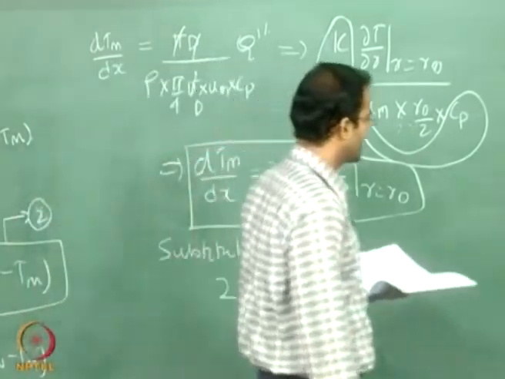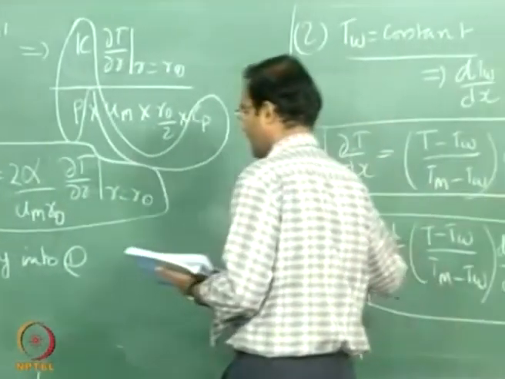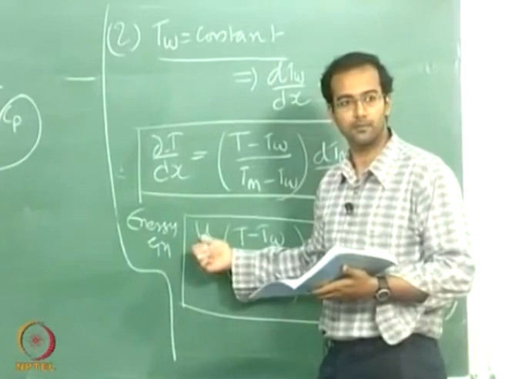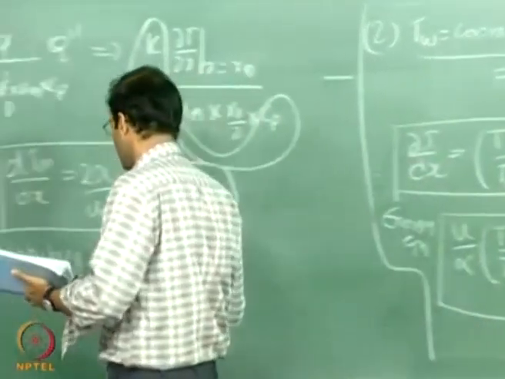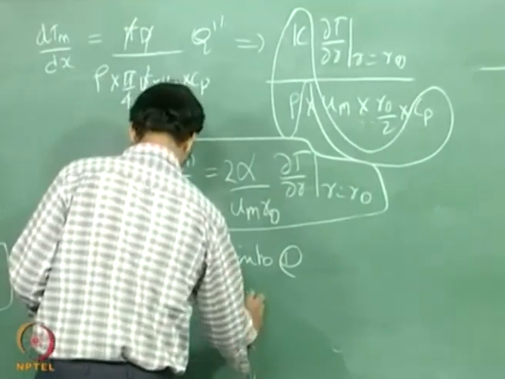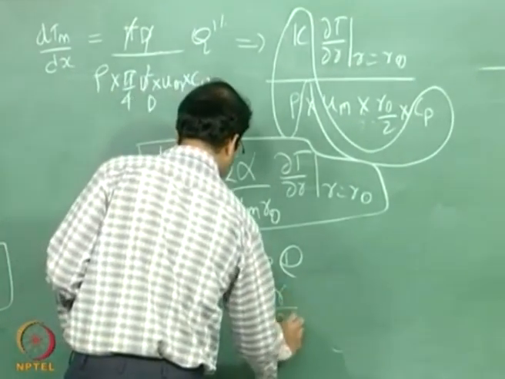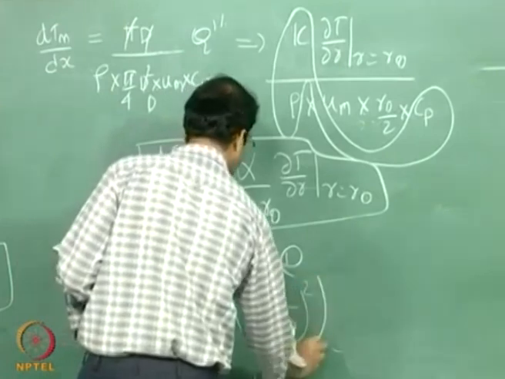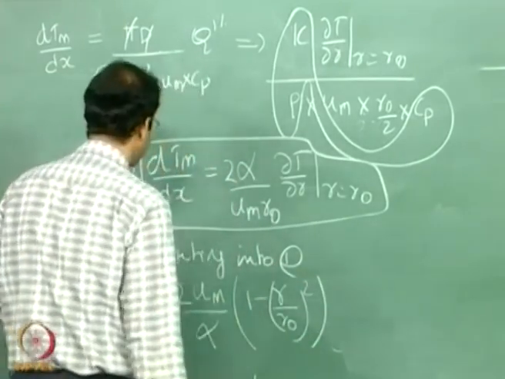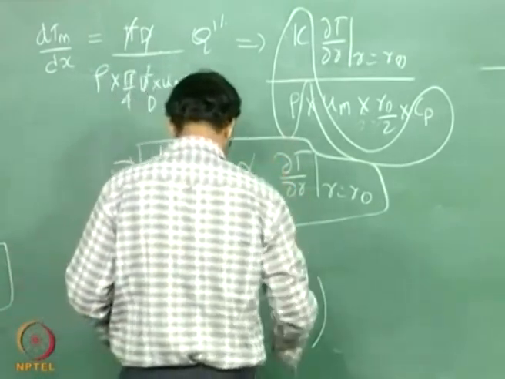I am going to substitute my fully developed velocity profile for u, so that will be twice um into 1 minus r by r naught the whole square, by alpha, and dTm by dx is substituted from here.